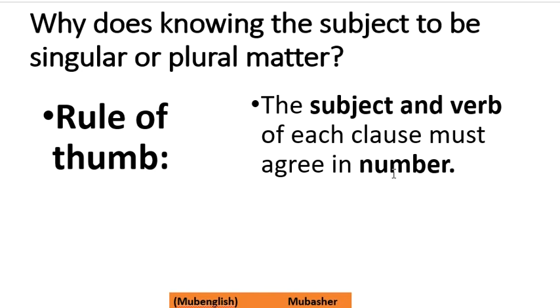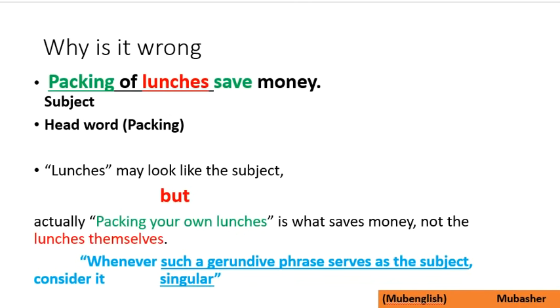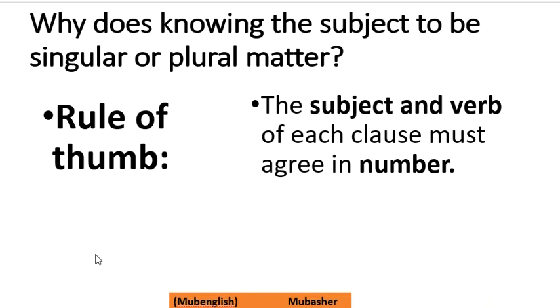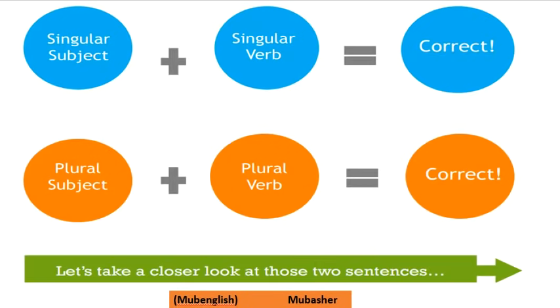And if there is a complete noun phrase or verb phrase that has been used as a subject, we have to identify the head word. So head word will tell us that this is basically the real subject, which does matter, and accordingly we need to use the verb. So in this way we can say the singular subject plus singular verb is correct, while plural subject with plural verb will be correct.